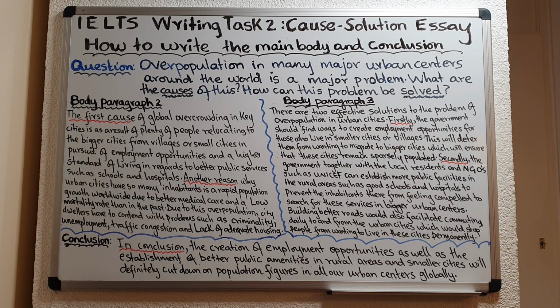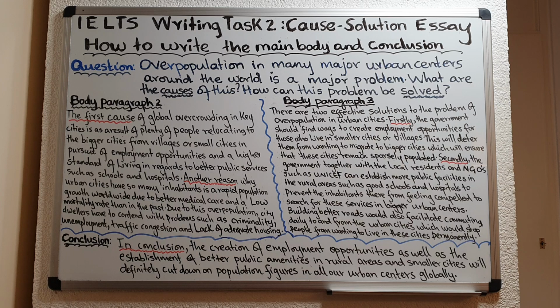Okay? So if this was a band 7 answer, for example, I could say: the first cause of global overcrowding in key cities is because of people moving to the bigger cities from the villages or smaller cities to look for jobs. Okay? But because it's a band 9, I use vocabulary such as a result of, relocating to the bigger cities, in pursuit of, meaning looking for.